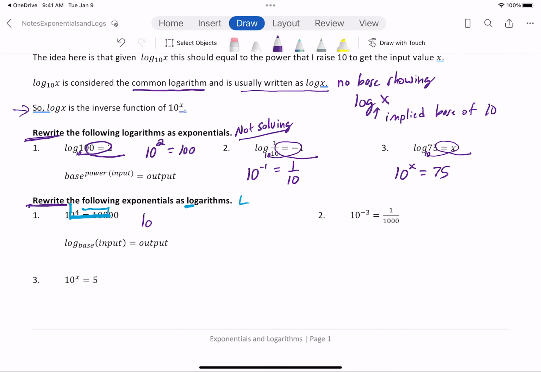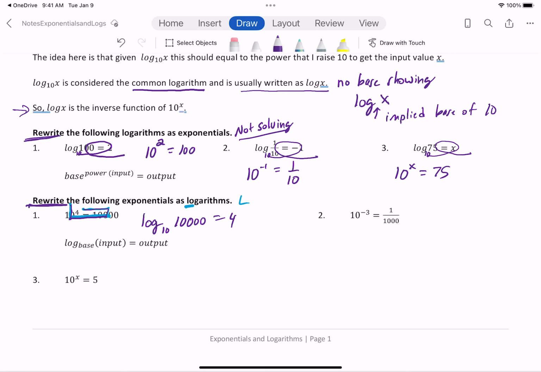So I need log because we're rewriting it as a log. That first thing that it touched was the 10, so that is my base. And then we went across. So we're going to put the 10,000 here. And then we go back is equal to the 4.